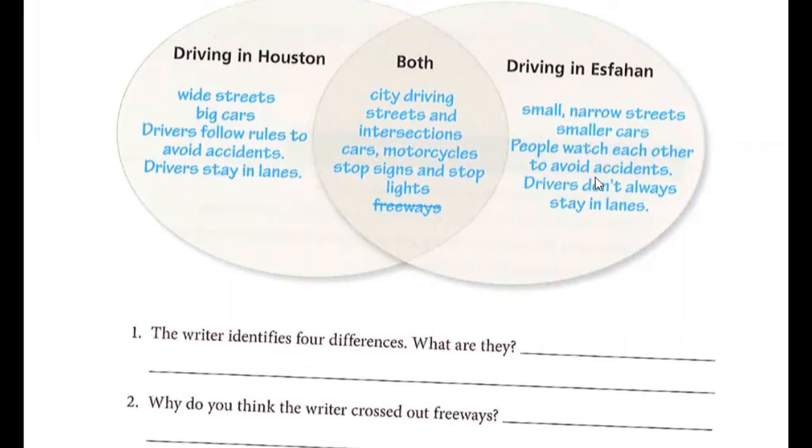So this one, no: people watch each other to avoid accidents, drivers don't always stay in lane. And the overlap focuses on the similarity: city driving, streets and intersections, cars, motorcycles, stop signals and stop lights.